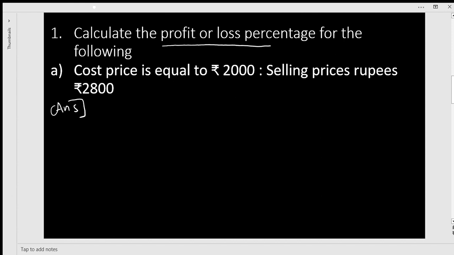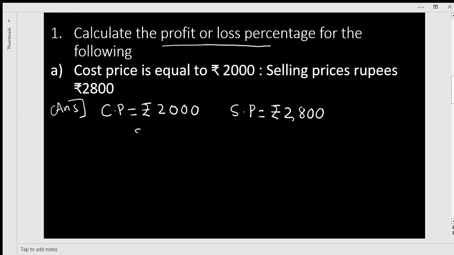The cost price of an article is rupees 2000. Correct? And what else is given? Selling price is given. Selling price is rupees 2800.